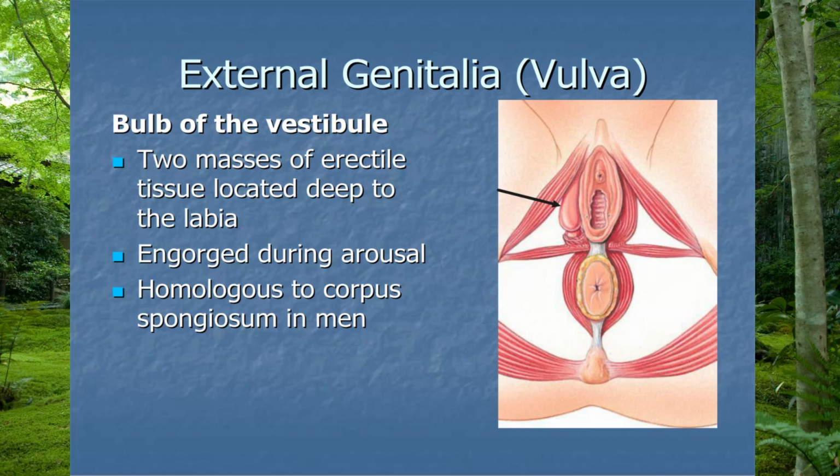The other reason we think that it's important is because it actually helps to shut the external urethral orifice during intercourse and arousal, which can help to prevent semen or fecal bacteria from moving into the urethral orifice during intercourse. And the bulb of the vestibule is actually homologous to the corpus spongiosum in men. Remember that the corpus spongiosum was basically the erectile tissue that surrounded the urethra and helped to keep it open during sexual intercourse and eventually ejaculation.